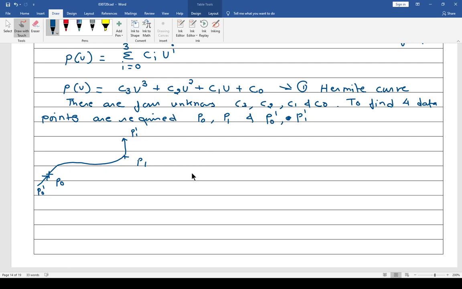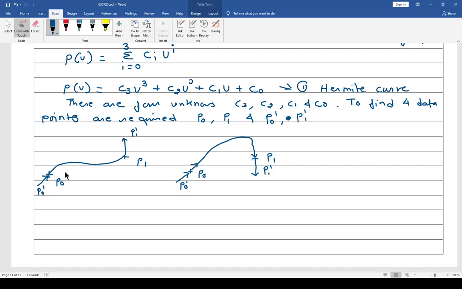Now let's take another example. I have one point here P0, and this is my tangent vector P0 dash, and then maybe I have another point here, I call this P1, and let's consider this to be the tangent vector P1 dash. So my Hermite curve would be like this.